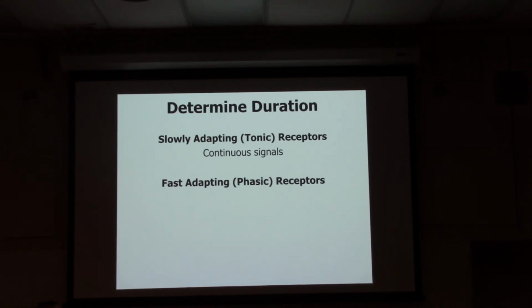Question in the back? Yeah, for the slowly adapting tonic receptors, I'm wondering, in this case, I take care of residents, and they develop pressure sores. So is what's happening to their bottom usually, is it the action potential of the stimulus decreasing so much that it's literally died off?